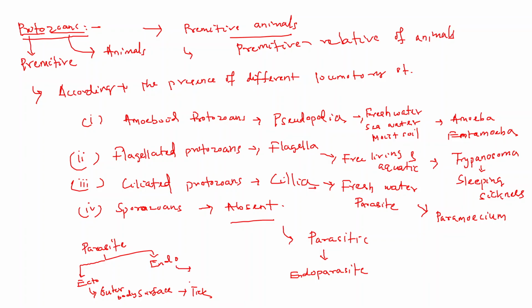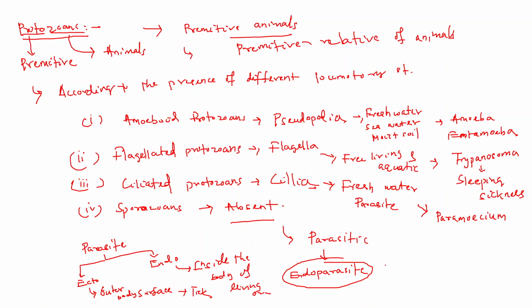Endoparasites live inside the body of a living organism, like the many parasites in our alimentary canal. These sporozoans are endoparasitic, and they cause diseases.